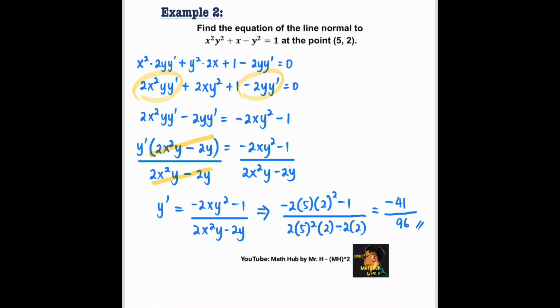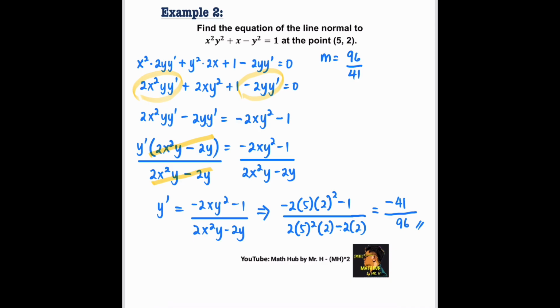So we can find the equation of the normal line now. But you have to take note, the slope is negative 41 over 96. For the normal line, we need to get the negative reciprocal of that. All right, so the negative reciprocal of this value is 96 over 41. And this 96 over 41 will be the slope that we will be using in writing the equation of the normal line.